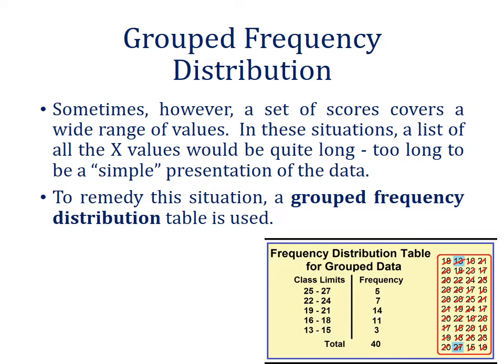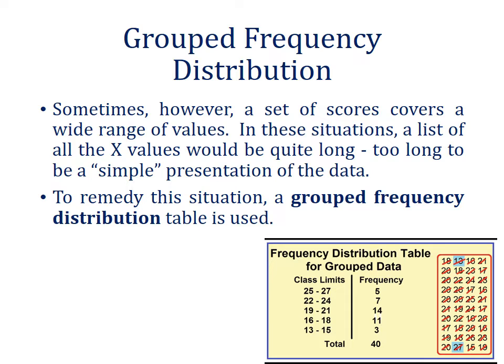Grouped frequency distribution. Sometimes a set of scores covers a wide range of values. In these situations, a list of all x values would be too long to be a simple presentation of the data. To remedy this situation, a grouped frequency distribution table is used for representing the data. We take class intervals for x and f.